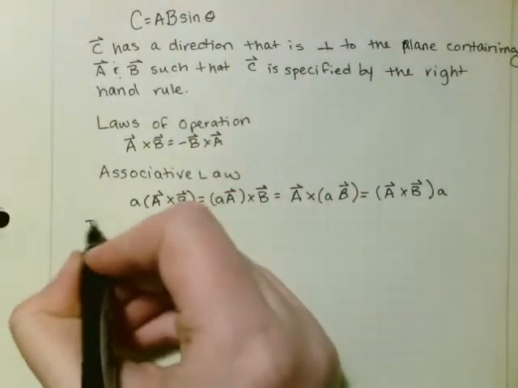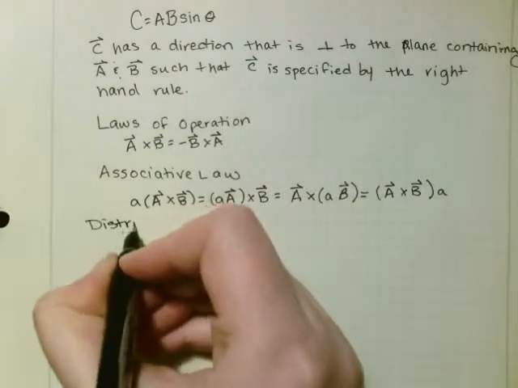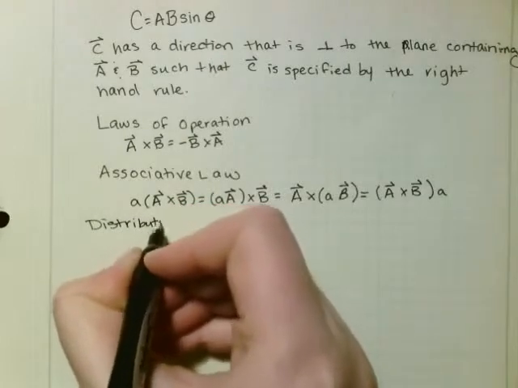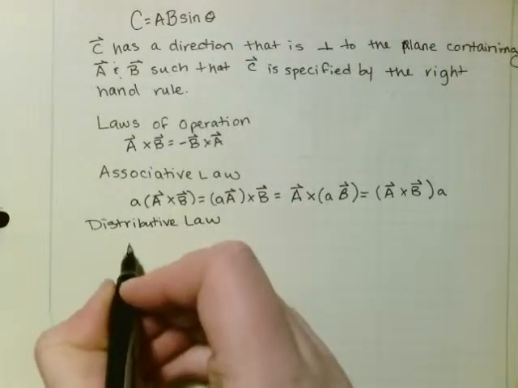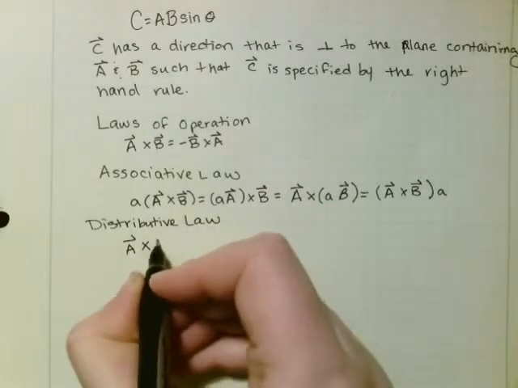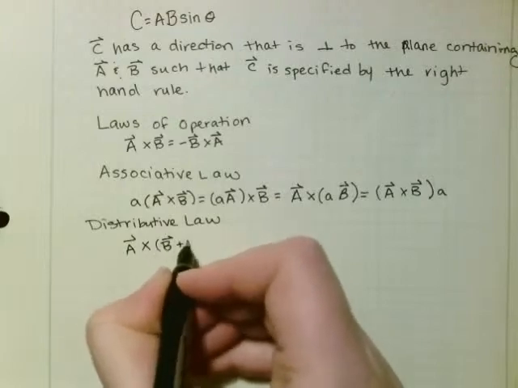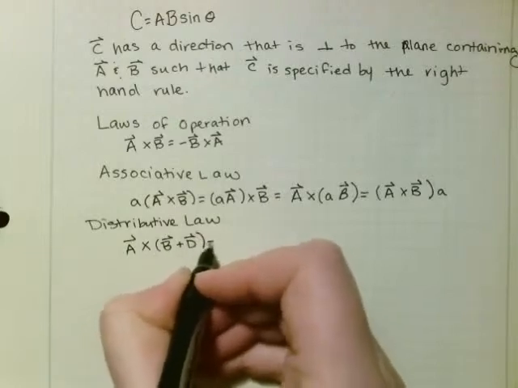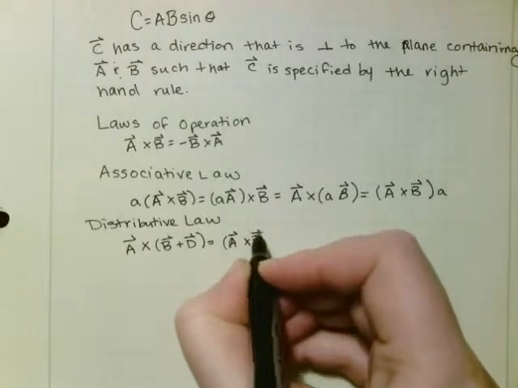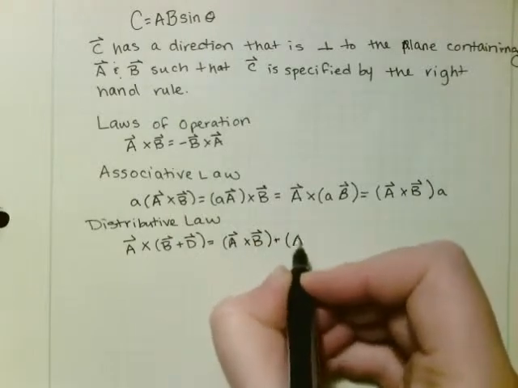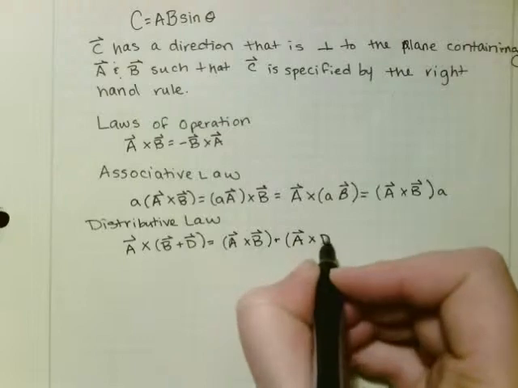Alright, and then we have the distributive law, which is A cross B plus D is equal to A cross B plus A cross D.